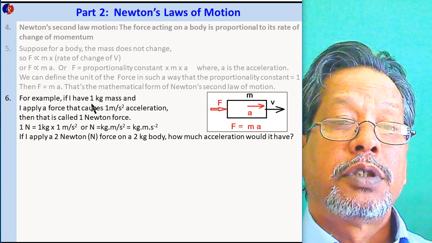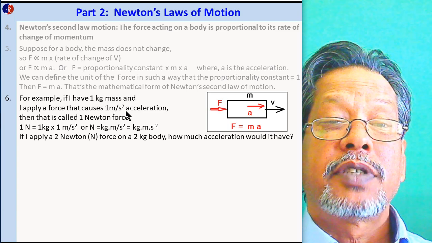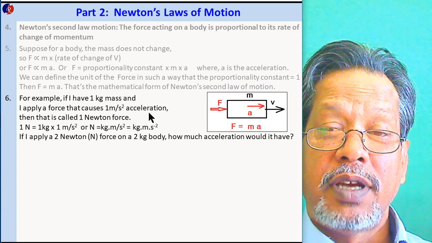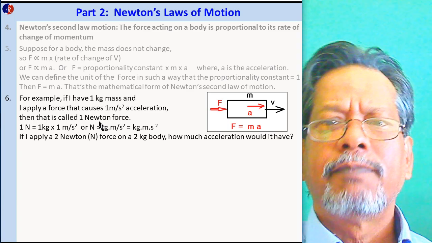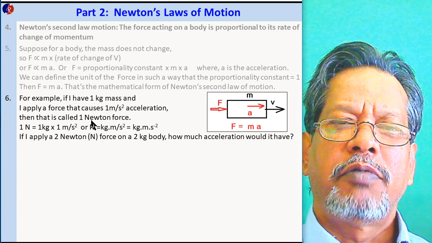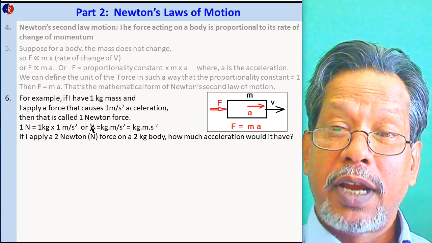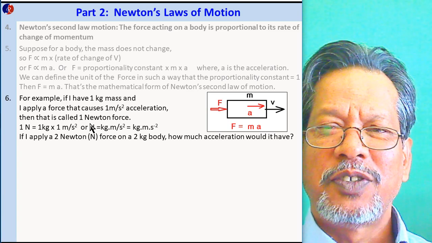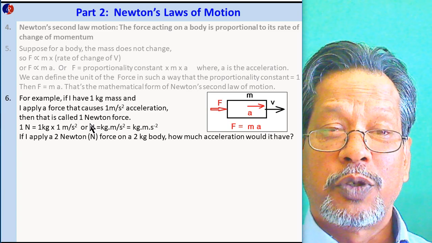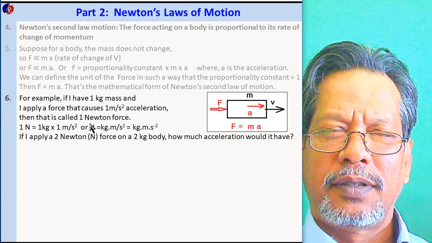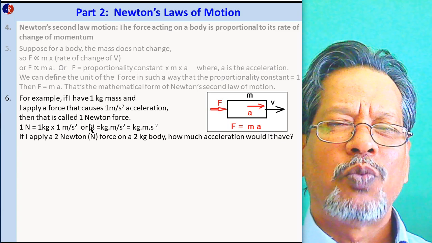If I apply a force on a 1 kilogram mass and it causes 1 meter per second squared acceleration, that force we'll call 1 Newton. It's also written with the shortcut N, Newton, to honor this great physicist. In his name, that's now almost the worldwide accepted standard unit of force, the Newton. So how much is 1 Newton?